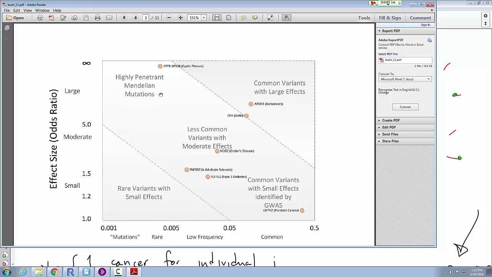Suppose one specific base gets changed. It's possible that that's a really bad place to have a change in your genome, in which case it has a big effect. The paper refers to it as highly penetrant, as in that one change gave you a disease.